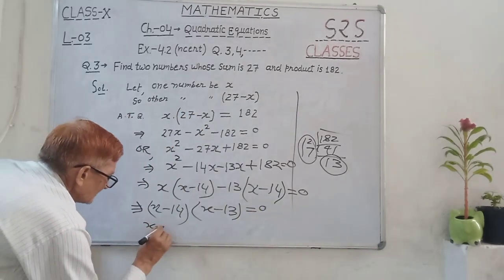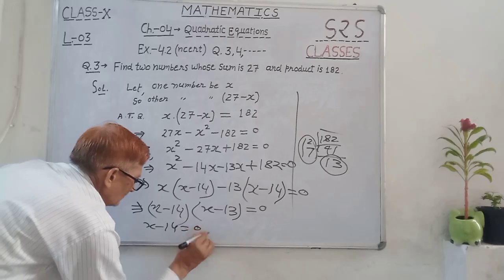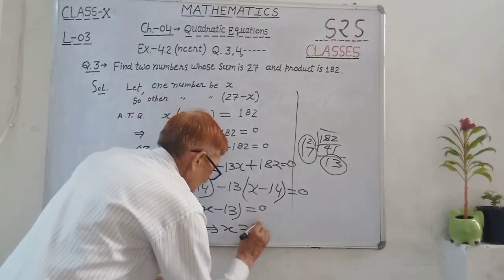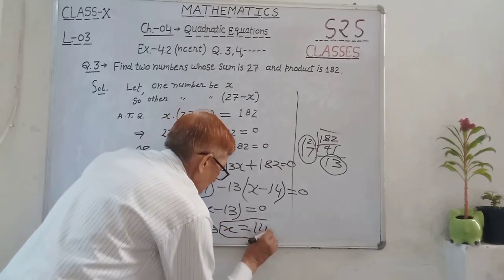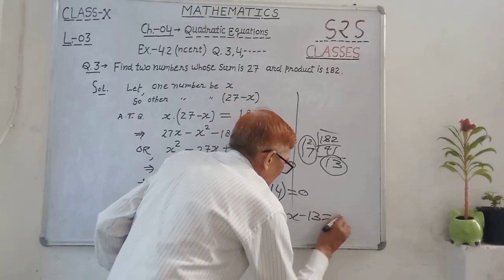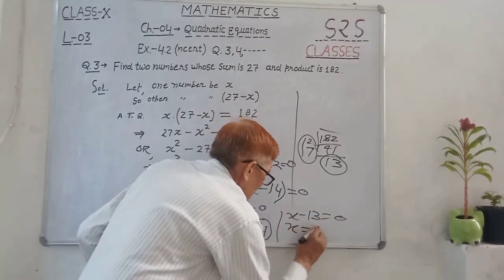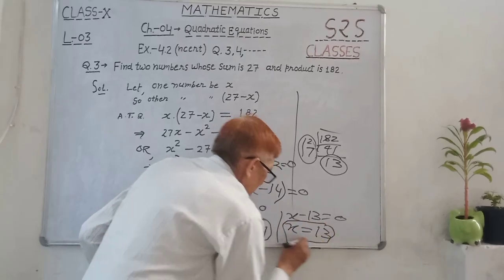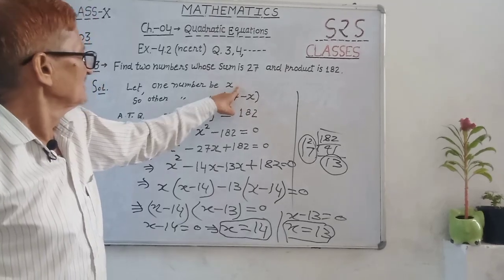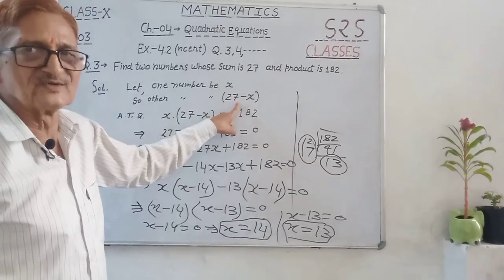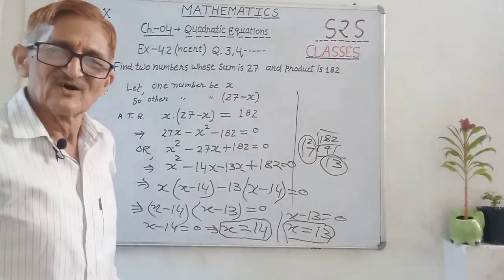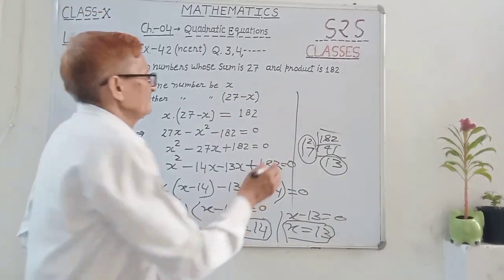Then x minus 14 equal 0, this implies x is equal to 14. And the other factor x minus 13 equal to 0, then x is equal to 13. So if x is 13, then the other number is 14, that is 27 minus 13. If x is 14, then the other number is 13. Okay, so the two numbers are 13 and 14.